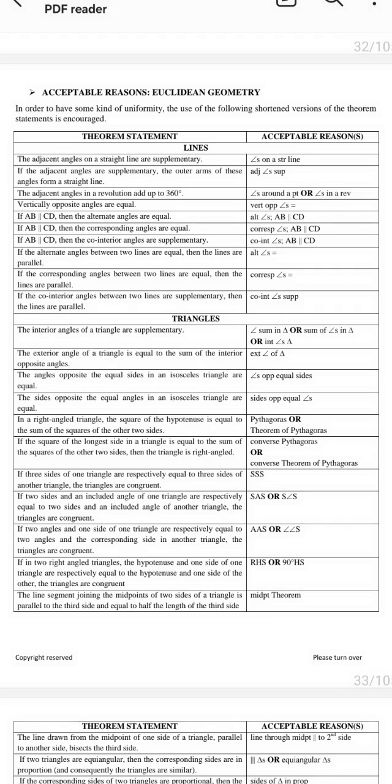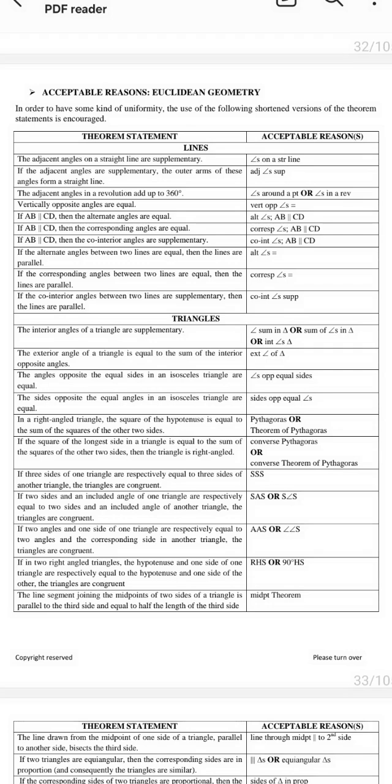So the first statement, if AB is parallel to CD, in other words, if lines are parallel, then the alternate angles are equal. That is the Z shape, the Z or the N shape. Look at the reason: you must write alt angles and you must state the lines that are parallel.